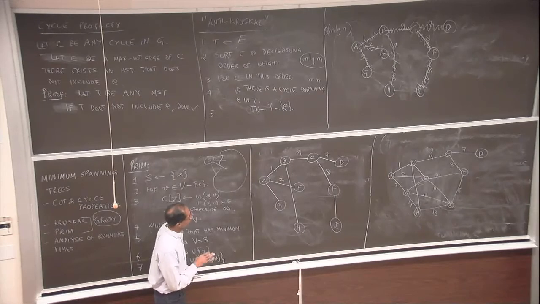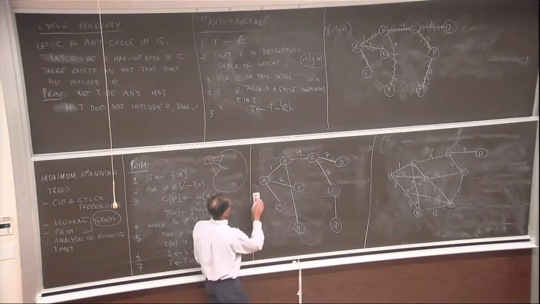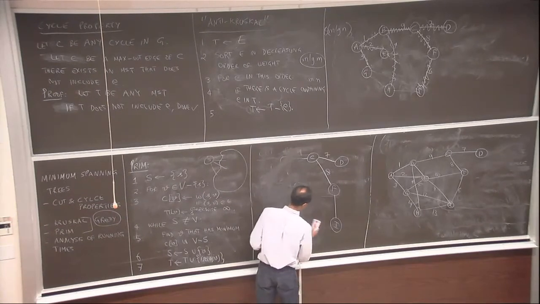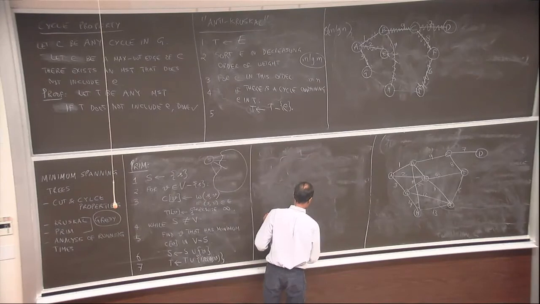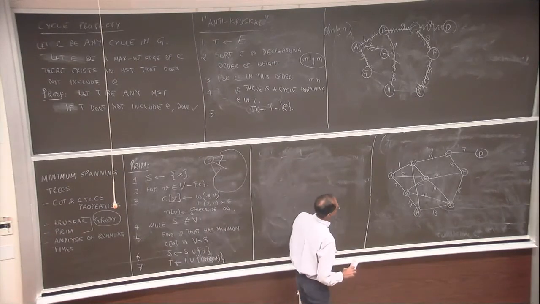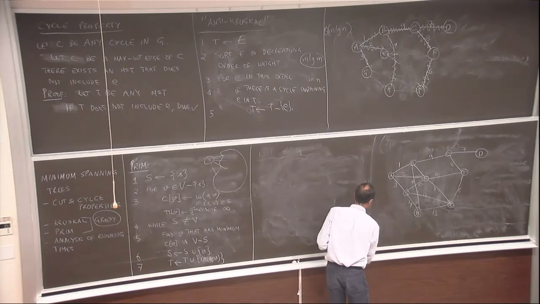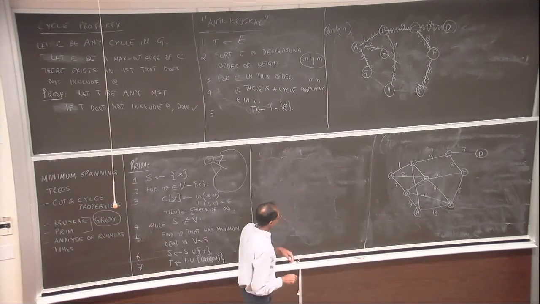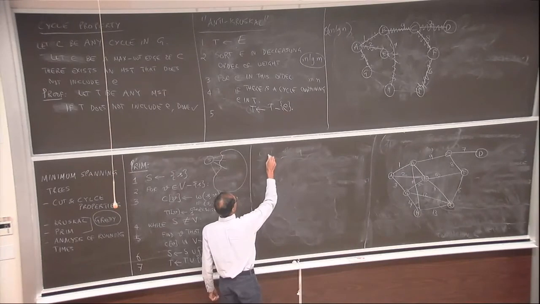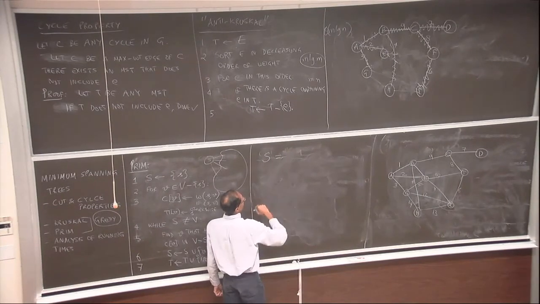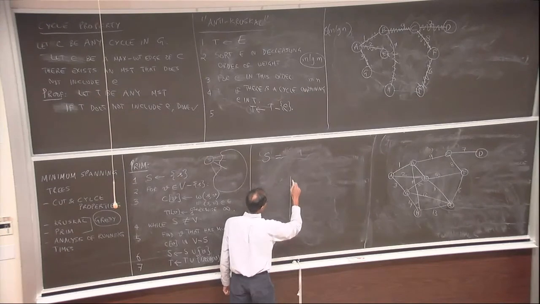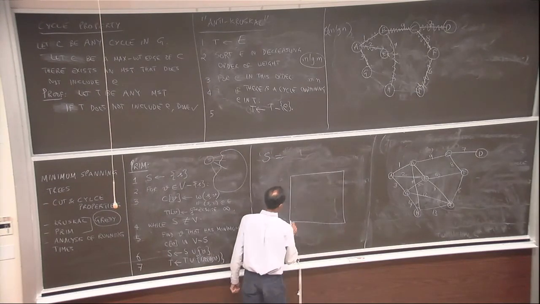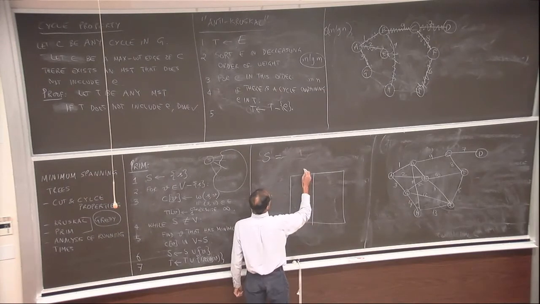But before we do that, let's try to understand what is going on with this example. We are going to keep track of the set S, and we are going to have this cost table, C and pi.